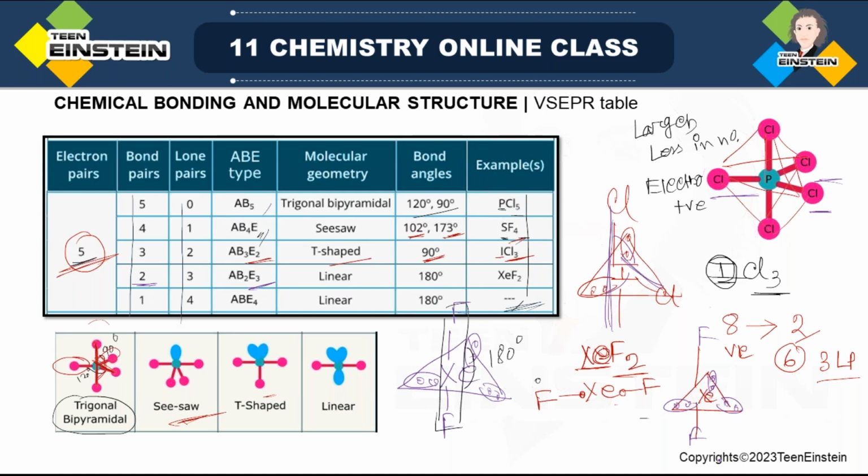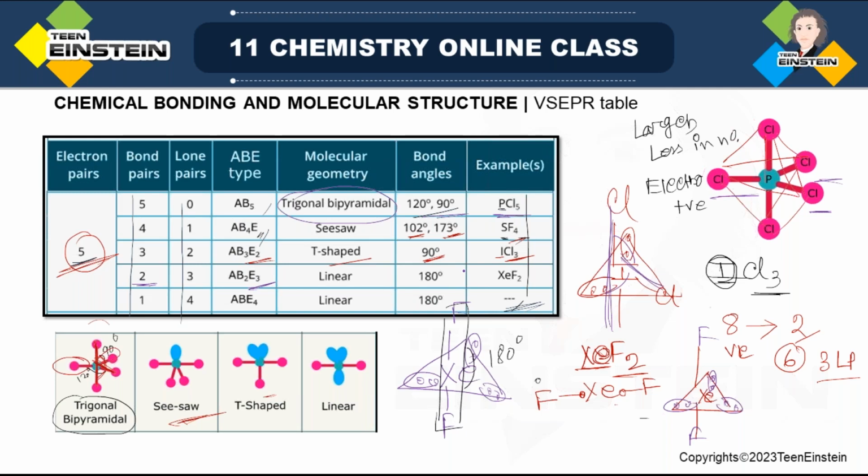And once you know the shape, you can also get the idea about the angles. If it is perfectly trigonal bipyramidal where you do not have any lone pair, it will be simply 120 and 90. But when lone pairs are present, there will be LP-BP repulsion or LP-LP repulsion. So angles will be slightly changed.